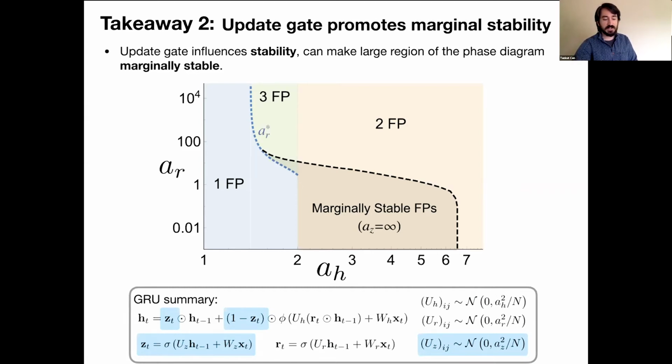Strictly speaking, this occurs in the infinite AZ limit, when the update gate becomes switch-like, so Z of t is just a binary variable, either 1 or 0. This can be summarized in takeaway number 2, which is that the update gate promotes marginal stability.